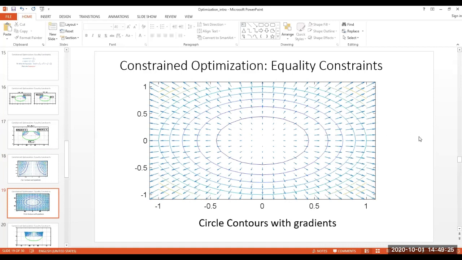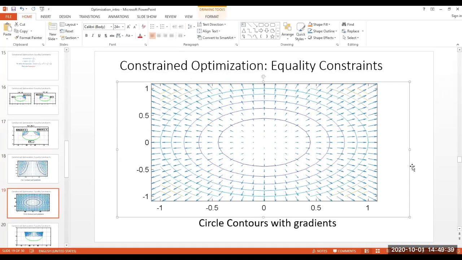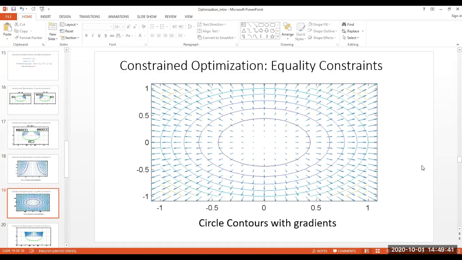This is used just for demonstration. Our actual targeted circle is the one touching the unit circle. This is our given circle, or given constraint g of x.